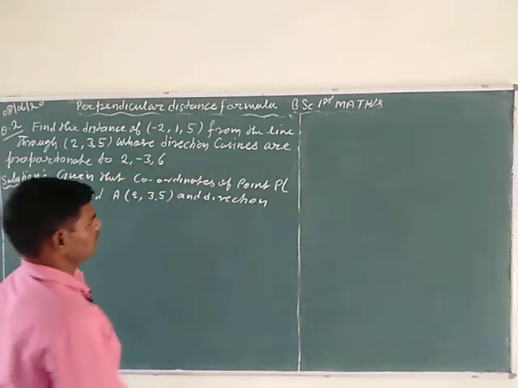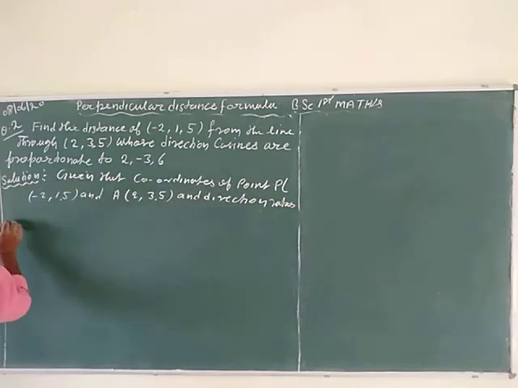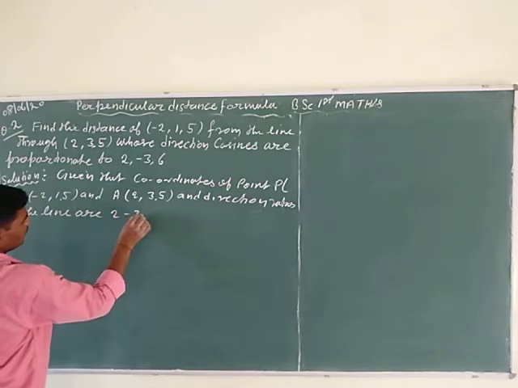So the direction ratios of the required line are 2, minus 3, 6.